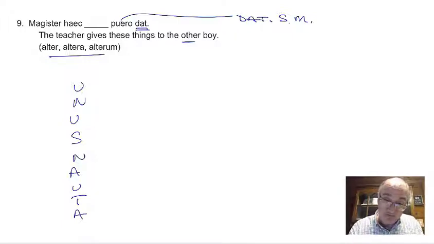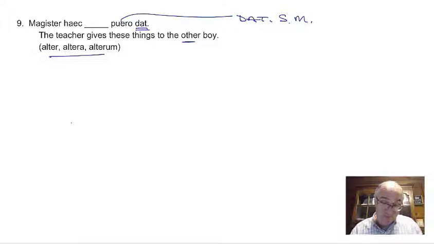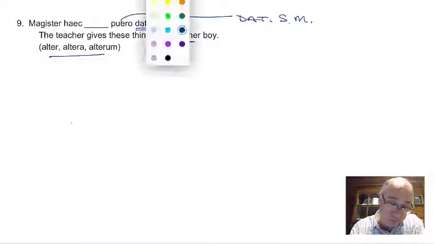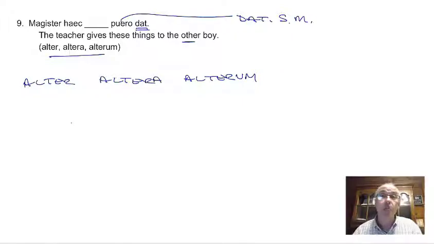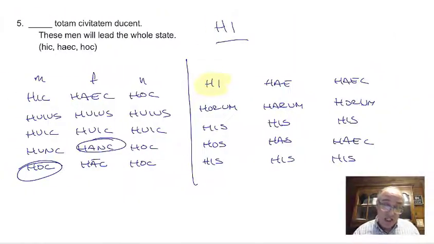So, alter, altera, alterum. Okay, that's your nominative. Genitive, dative. The genitive and dative do a funky thing that is just like illius.